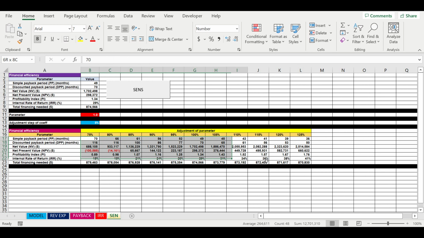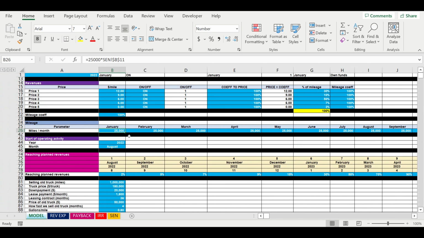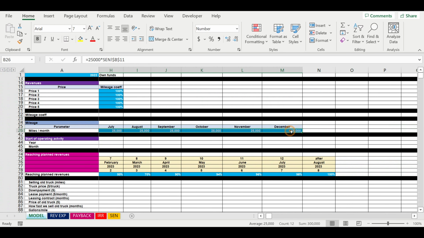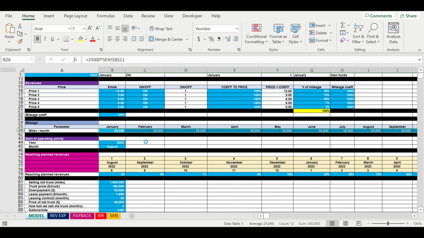We can also create other scenarios for stress testing. For example, we can add this coefficient to other parameters. So we just take away this parameter from mileage. We just paste it as numbers.